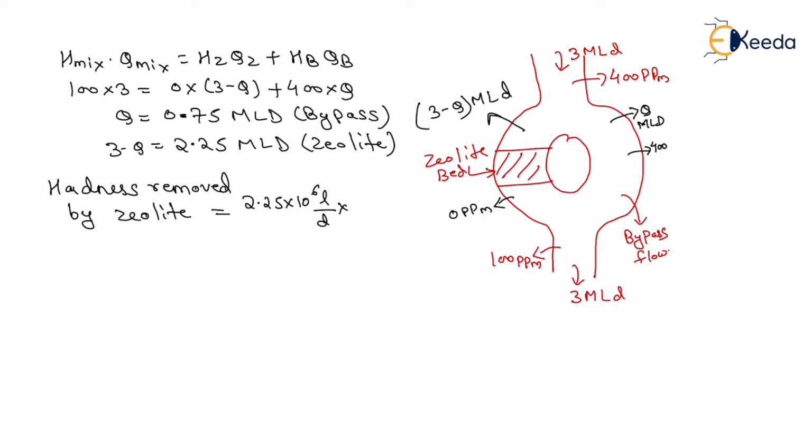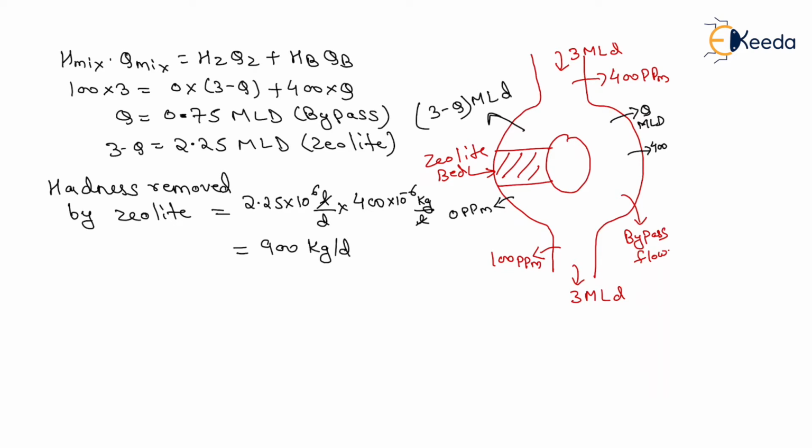The hardness of the influent water is 400 milligram per liter, so we write it as 400 into 10 to the power minus 6, because we want the answer in kg per liter. Liter cancels with liter, and we get 900 kg per day. So the hardness removed by zeolite is 900 kg in one day.